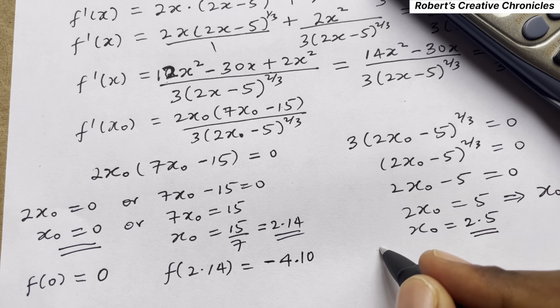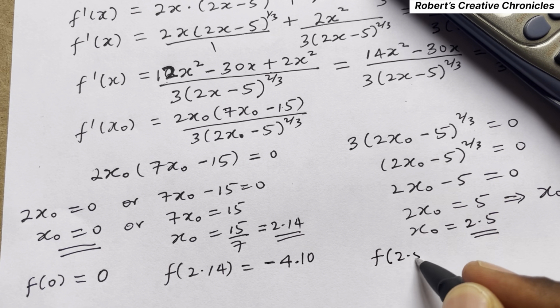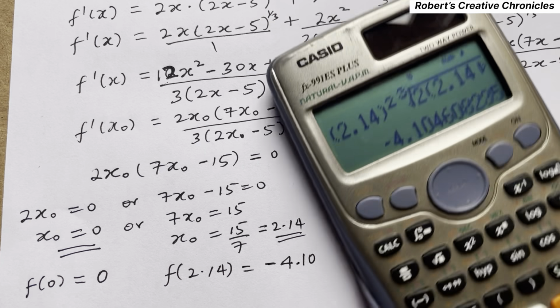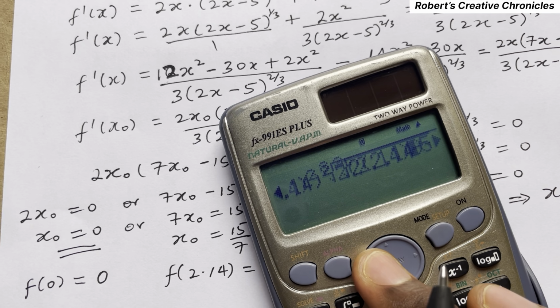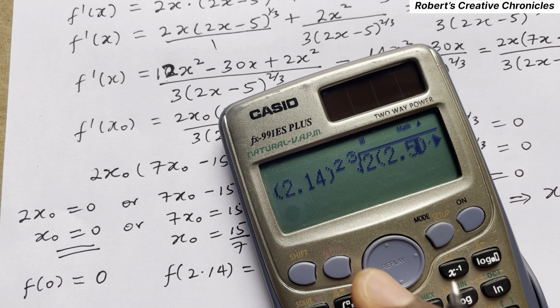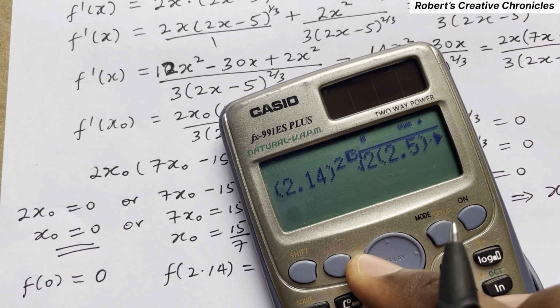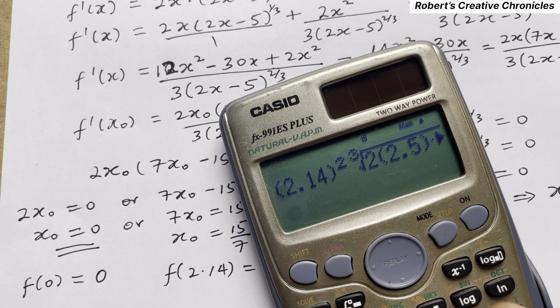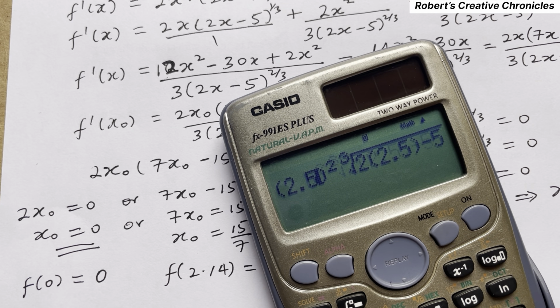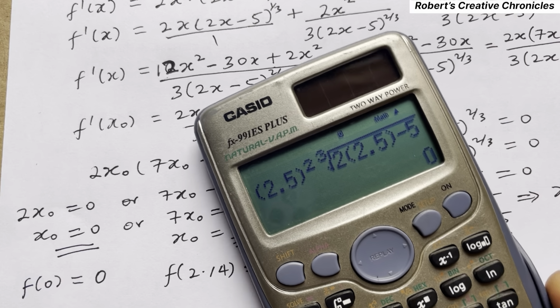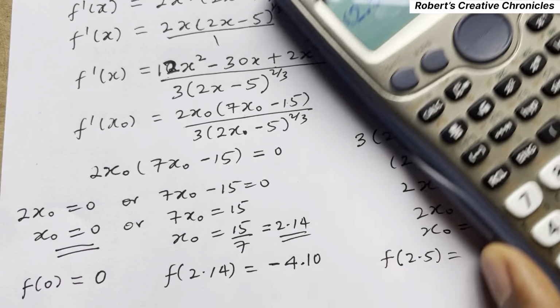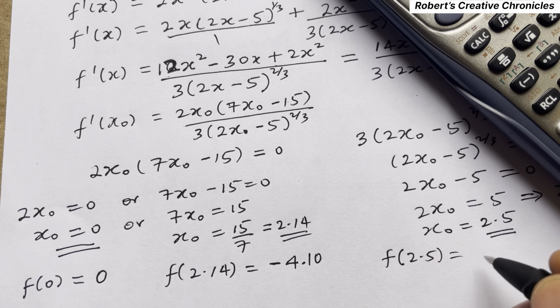Then the final one, 2.5, is 0. It's also 0 like the first one.